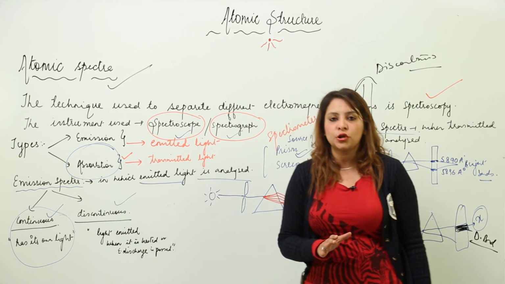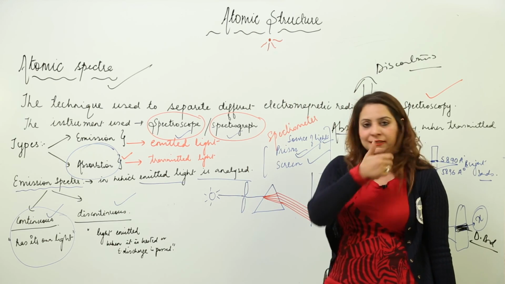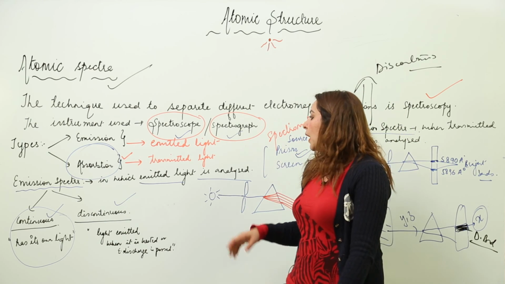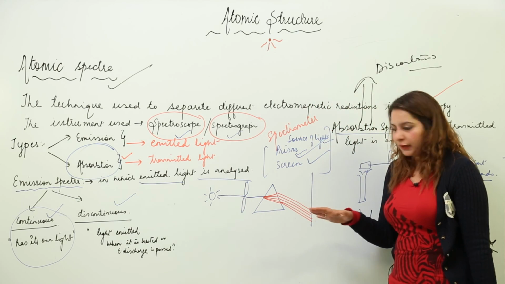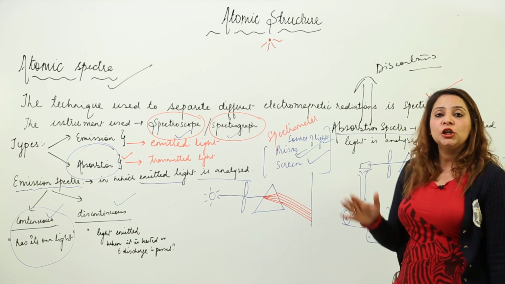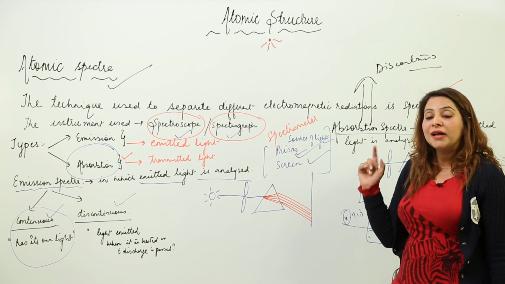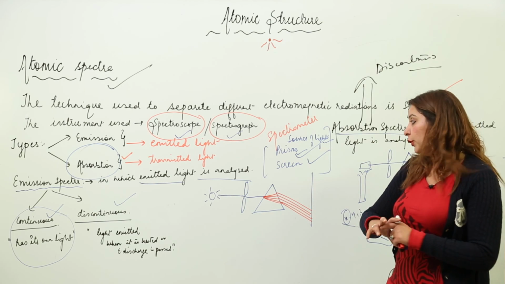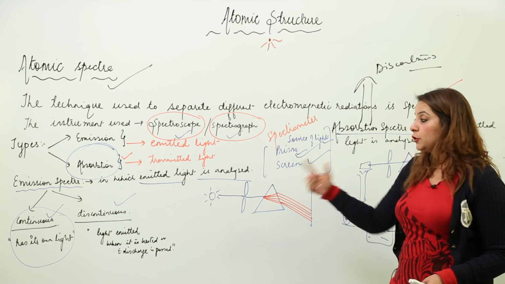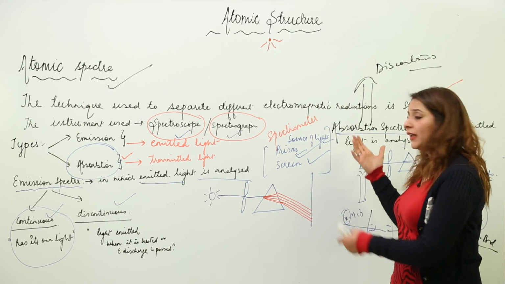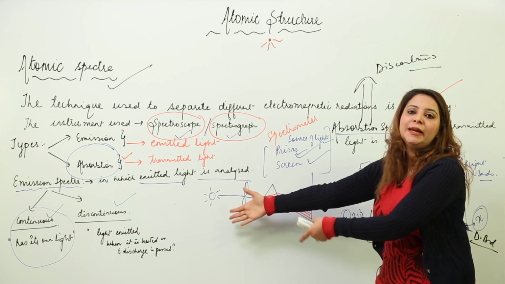This is very important. We will be discussing the hydrogen spectra also, because you get a question based on that. But for now, just make yourself familiar with the emission and absorption spectra first, and become thorough with these two. They are just opposite to each other, because whatever light is absorbed is only emitted here.